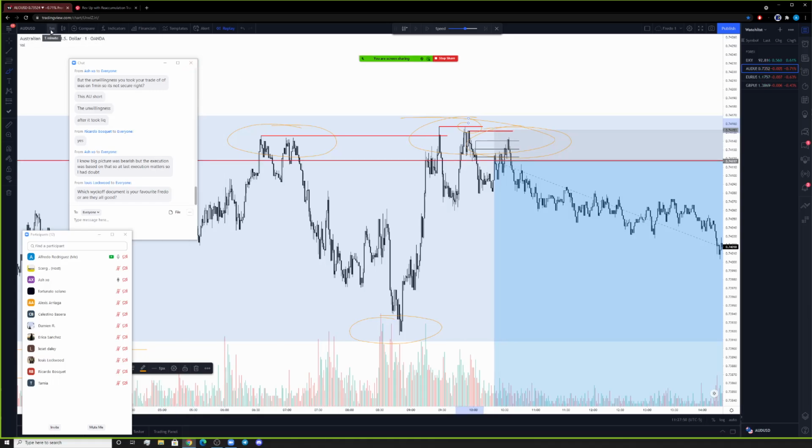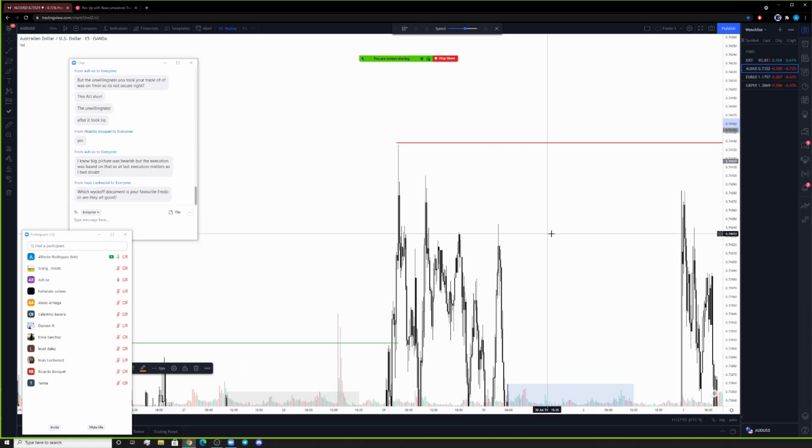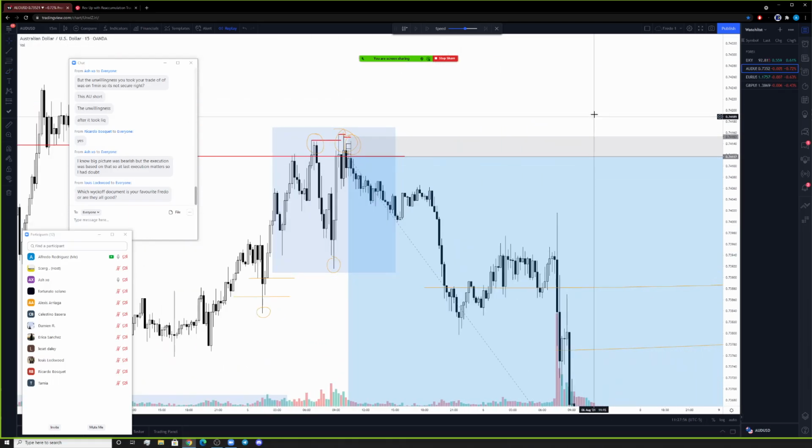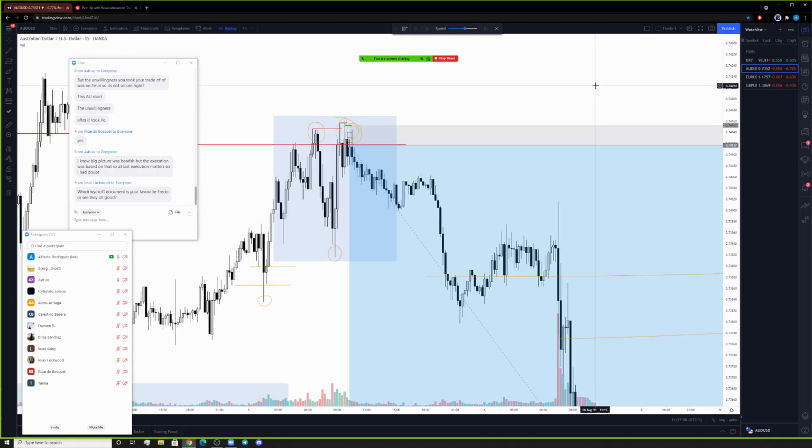Can you switch to M15 or 1 hour? Like after this direction is clear, this entry would be more conservative, right?